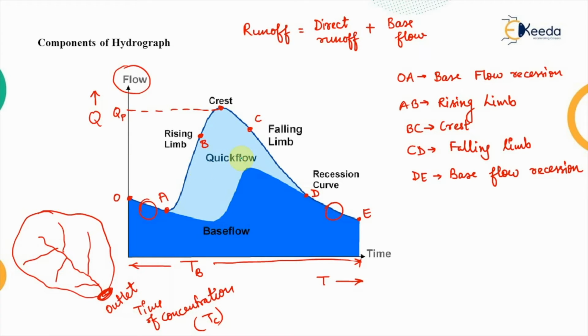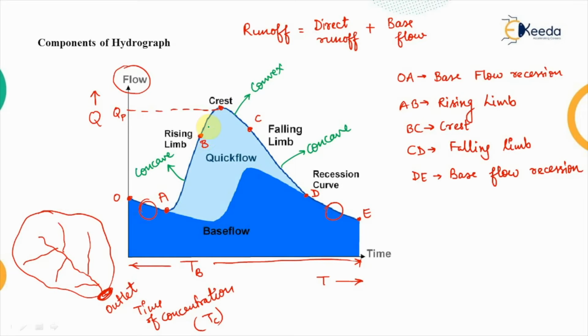Now the curvature for the rising limb and the falling limb, both of these curvatures are concave in nature. This is also concave, and the nature of this BC portion is convex, because outwards convexity is present.